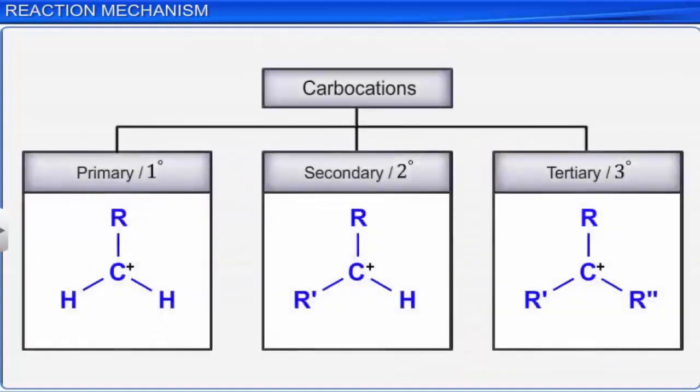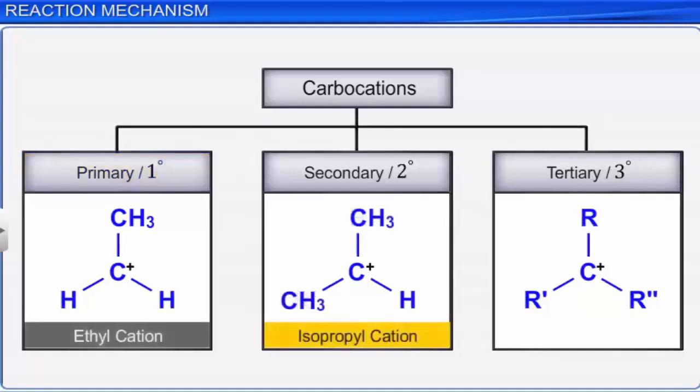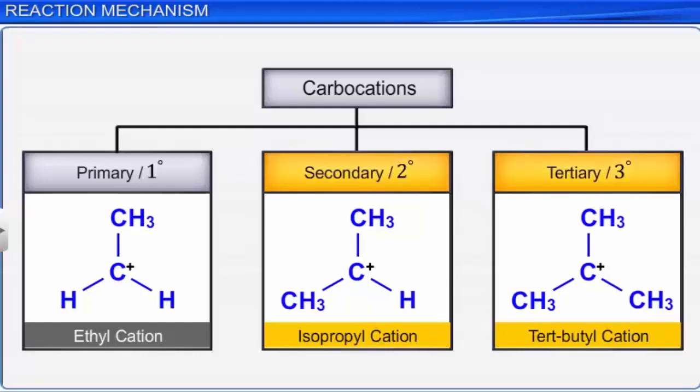Depending on the number of alkyl groups directly attached to the positively charged carbon, carbocations are classified as primary, secondary, and tertiary carbocations. For example, ethyl cation is a primary carbocation, while isopropyl carbocation and tert-butyl carbocations are secondary and tertiary carbocations respectively.